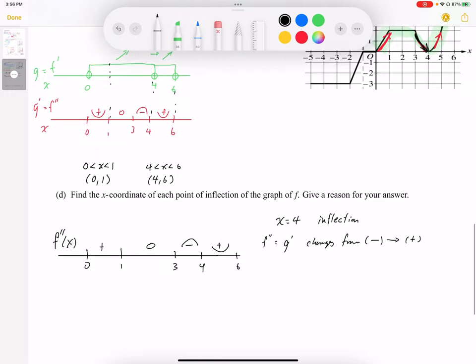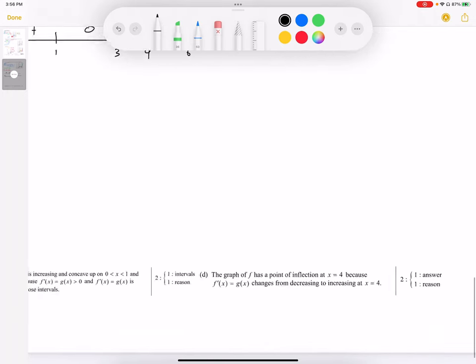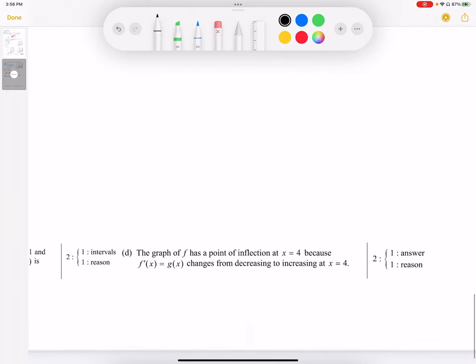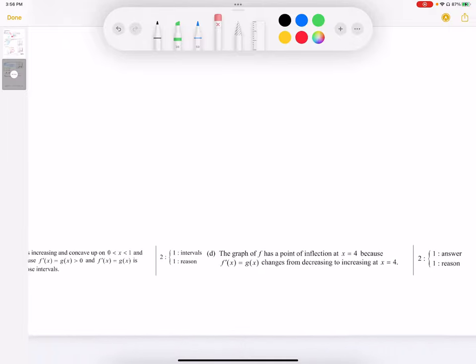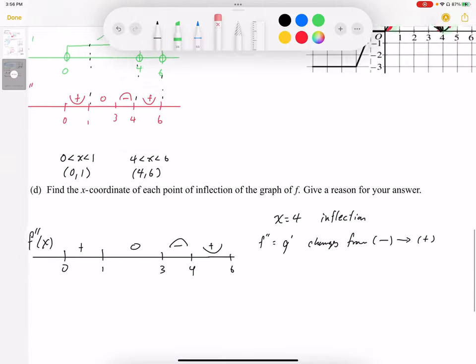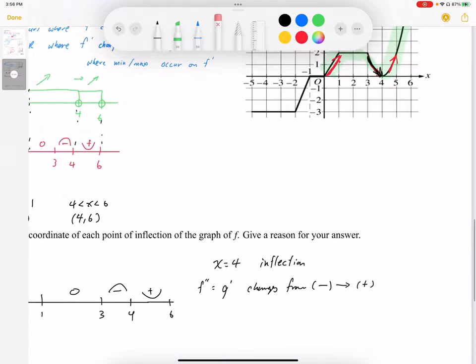Okay, if we look at the mark scheme, for D, it says we need the answer at x equals 4, and the reason is the derivative of the slope of the G graph changes from increasing to decreasing at x equals 4. Okay, in essence, that we have a minimum point at x equals 4.